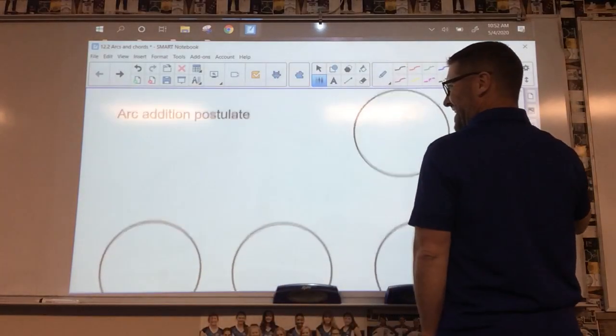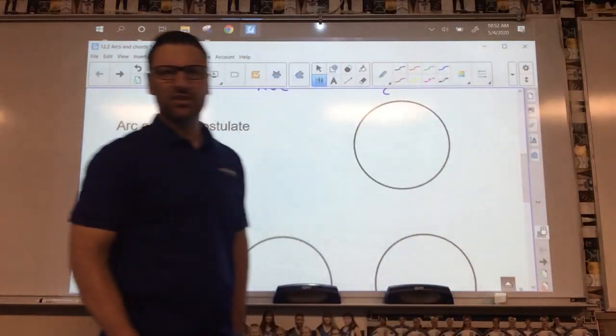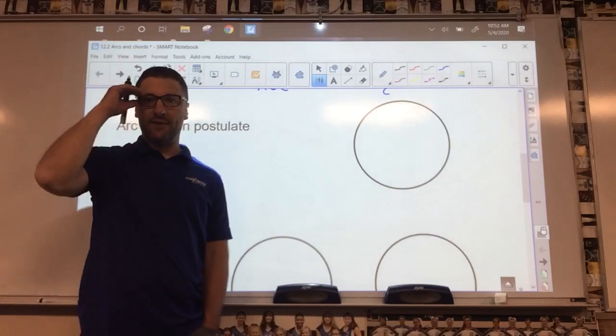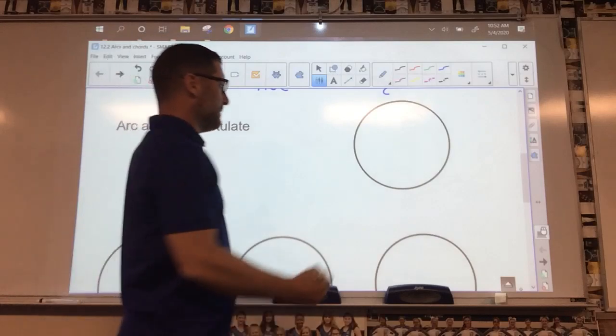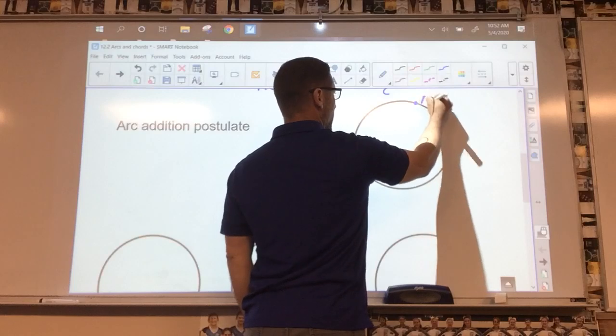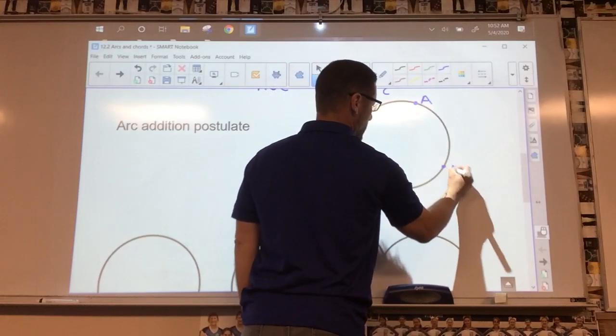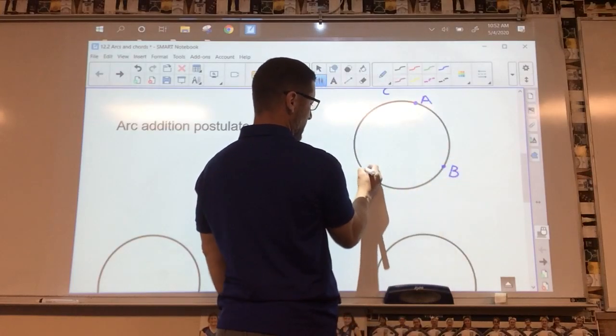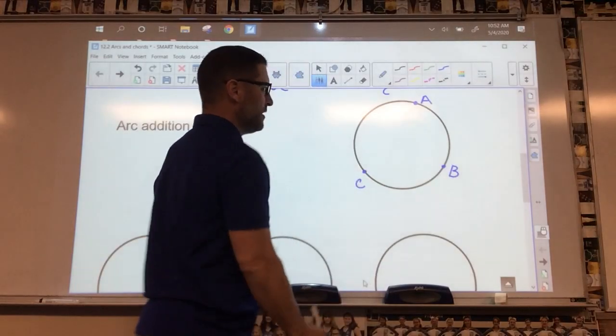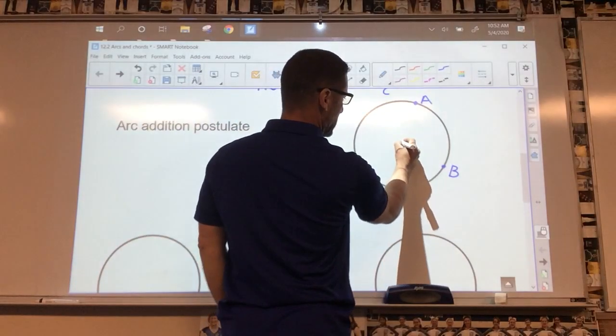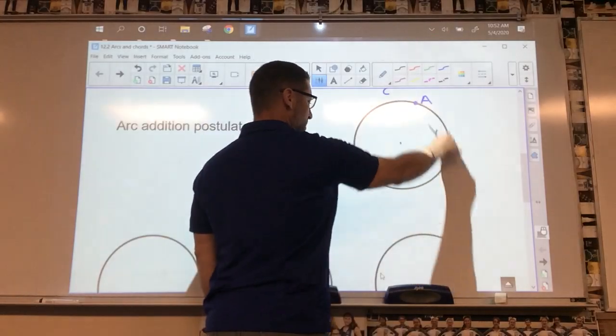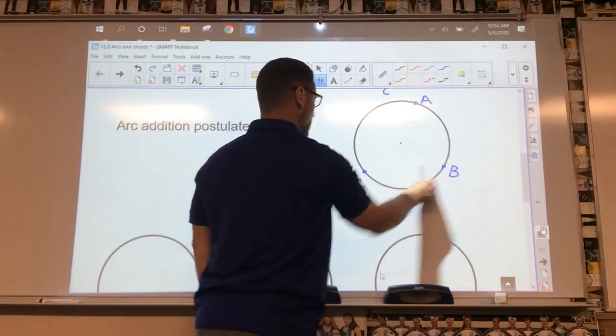There is an arc addition postulate, a rule that says, hey, if you add arcs up, you'll get the whole arc. So maybe I have A, maybe I have a B here, and maybe I have a C here, and I'll put my center here, okay? And it looks like from A to C is a major arc.